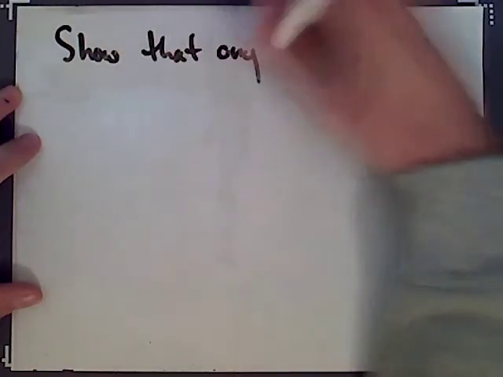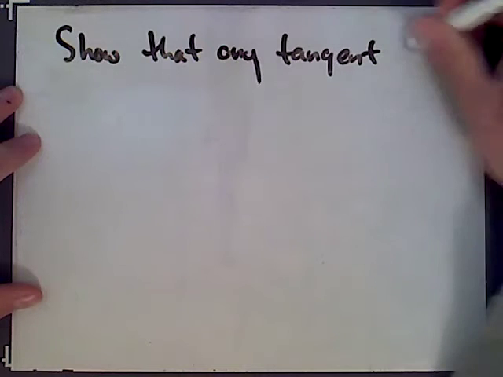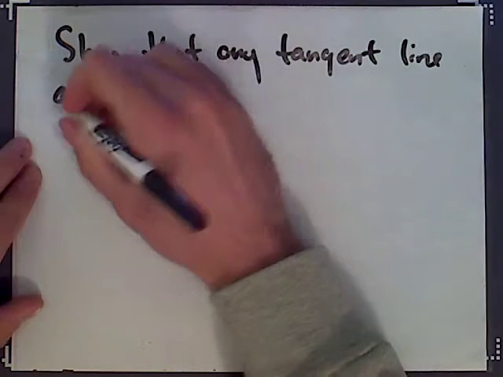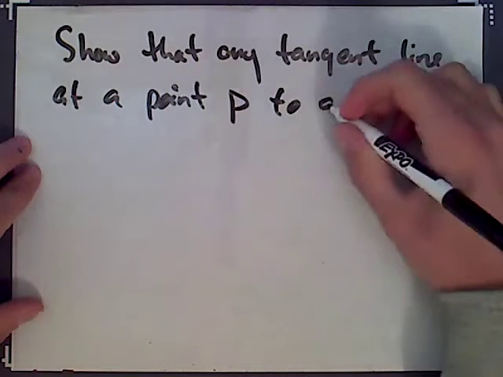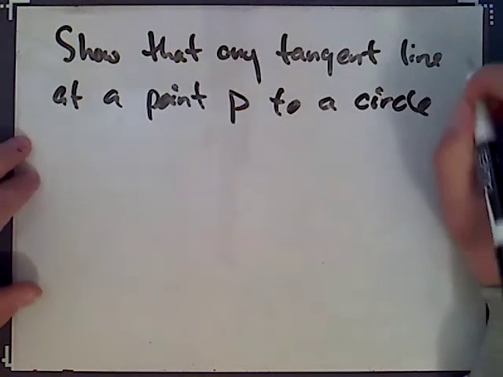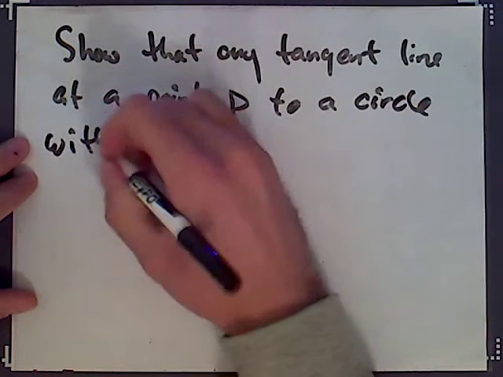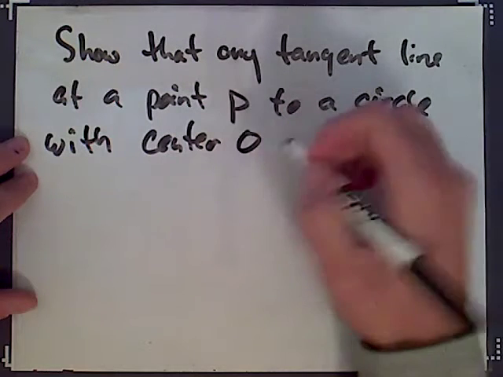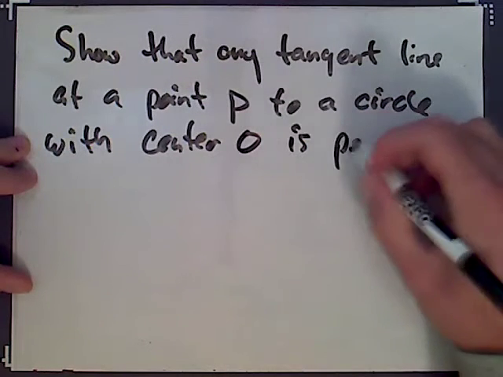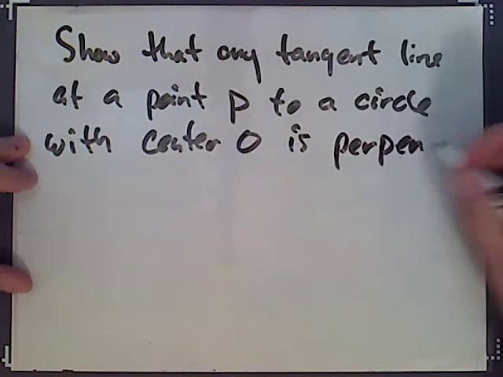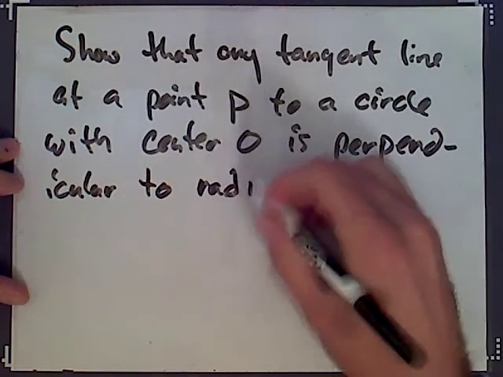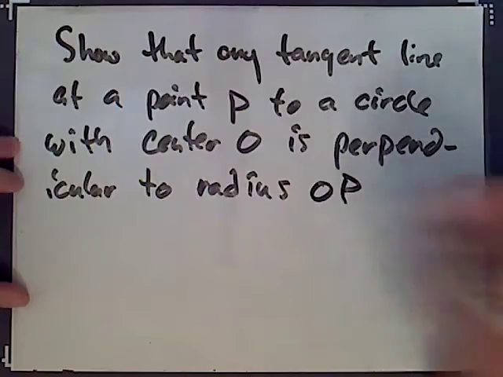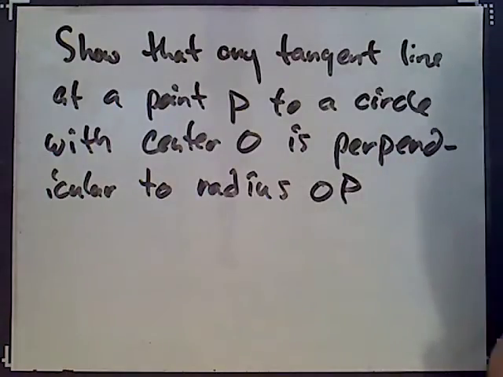We're asked to show that any tangent line at a point P to a circle with center O is perpendicular to the radius OP. Okay, so that's the goal.